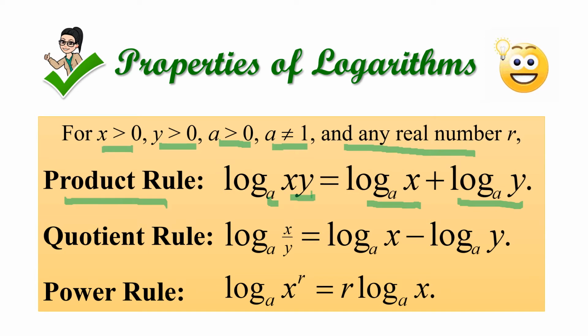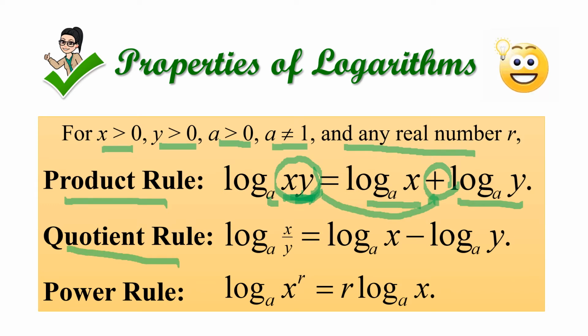If you notice, the logarithm on the left is multiplication, xy, and on the right, there is addition. So take note that the counterpart of multiplication is addition. From multiplication, you can change it to addition.